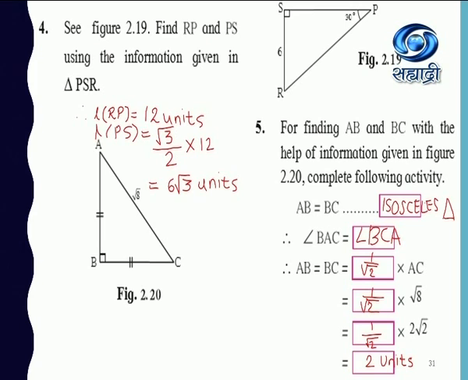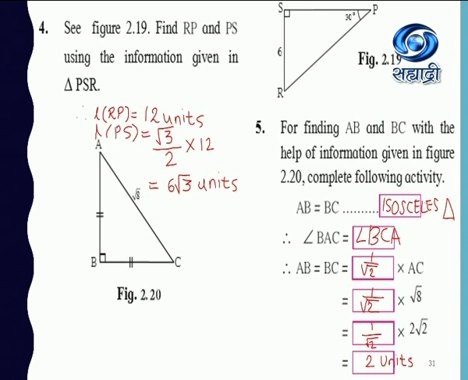Now here the angle opposite to SR is 30, angle S is 90. So logically, if you think, angle R will be 60. And we have learnt that the side opposite to 60 degrees is root 3 upon 2 times that of the hypotenuse.